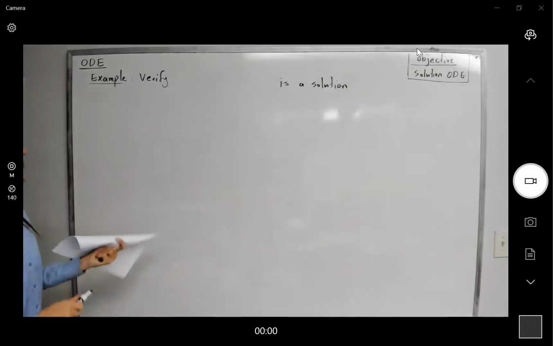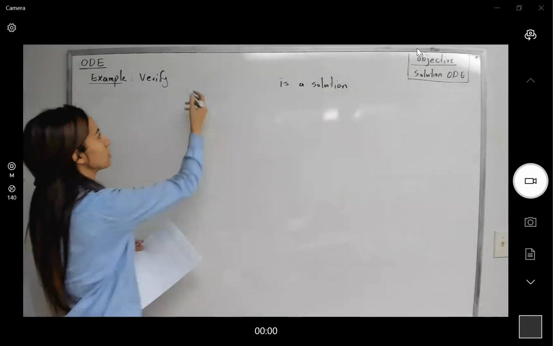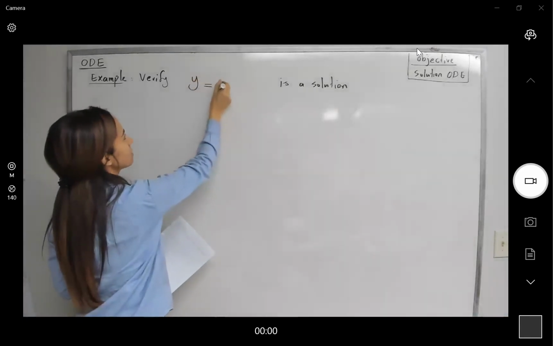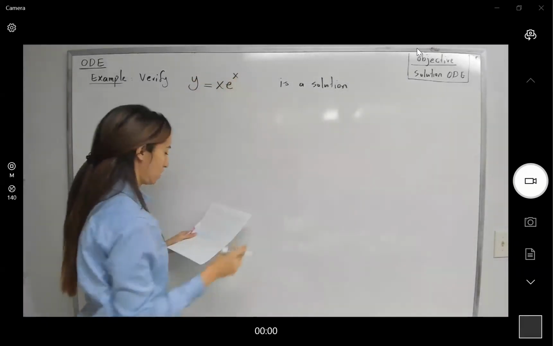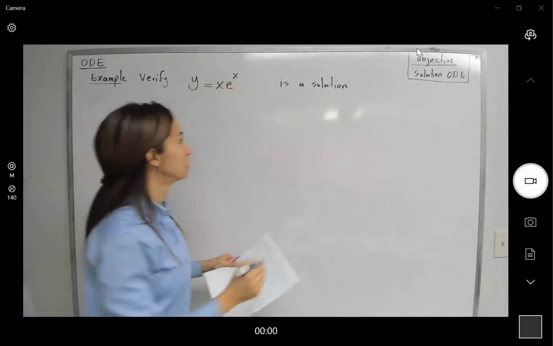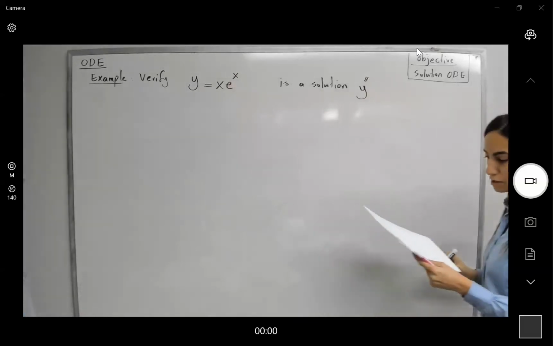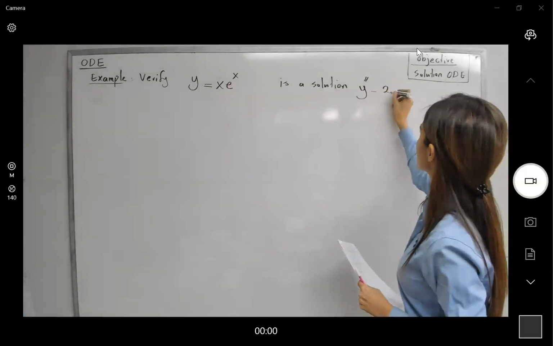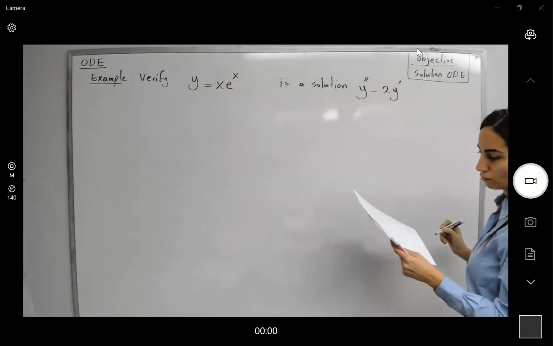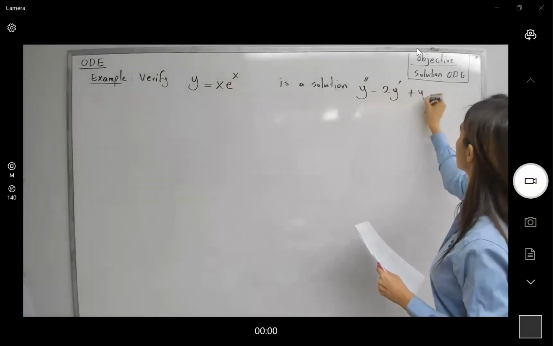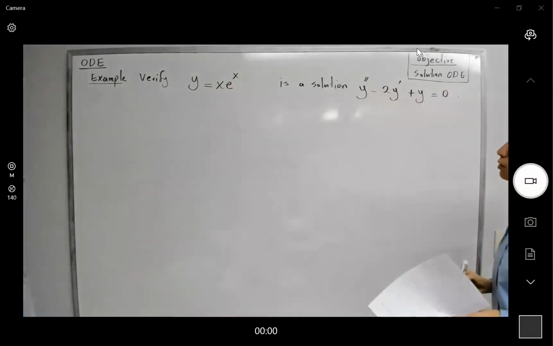So verify that y equals x times e to the x is a solution of the differential equation given to us as the second derivative of y minus 2y prime plus y equal to 0.